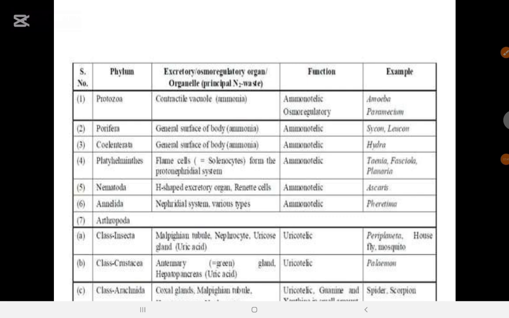Is that okay? That is what they excrete generally. So protozoans use contractile vacuole and they excrete ammonia. They are ammonotelic. Examples are amoeba and paramecium.